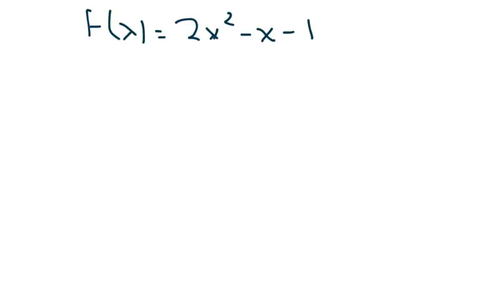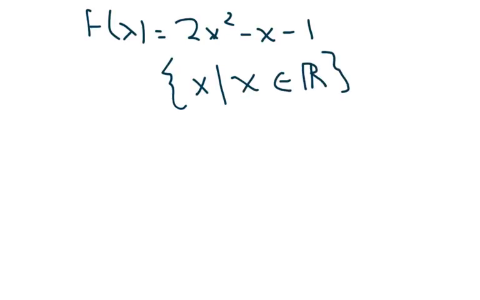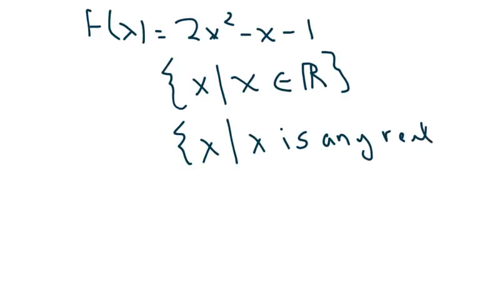There's no fractions here, there's no radicals, so we're just going to write it as x such that x is any real number, or you can write it in interval notation, which I don't like to do because it takes too long. And we're going to use set notation on the test and on this.